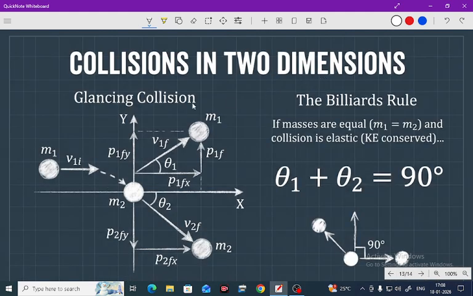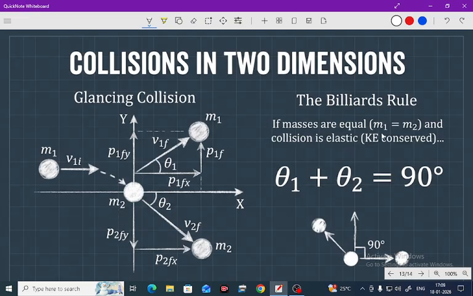Collisions in two dimensions: glancing collision, the billiards rule. You see a glancing collision shown here, with M1 and V1I, then M2, and V2F, and angle theta 1, and M1 with V1F.